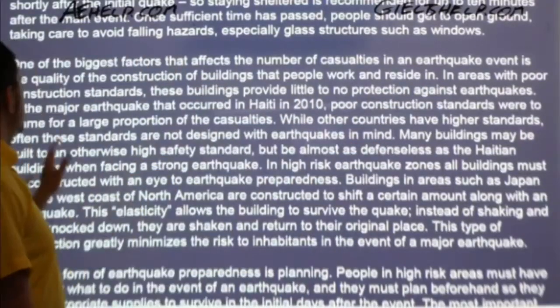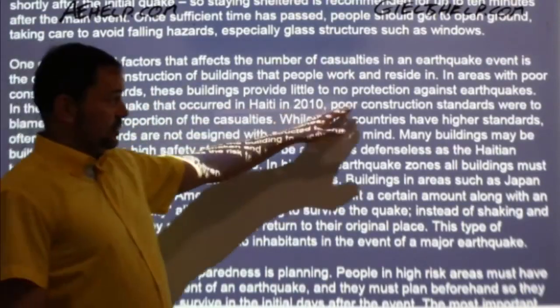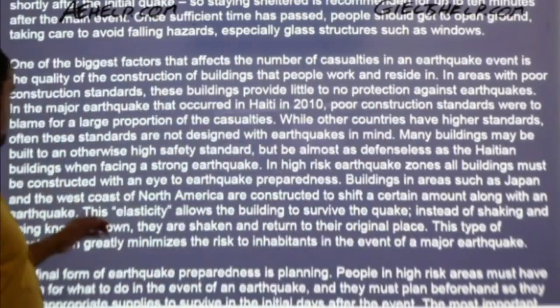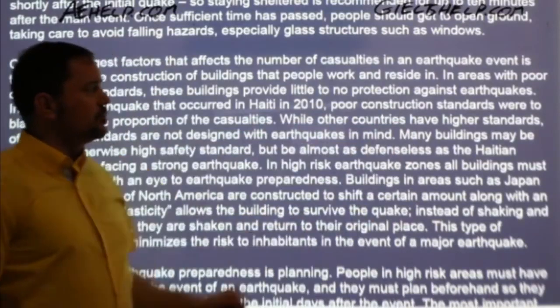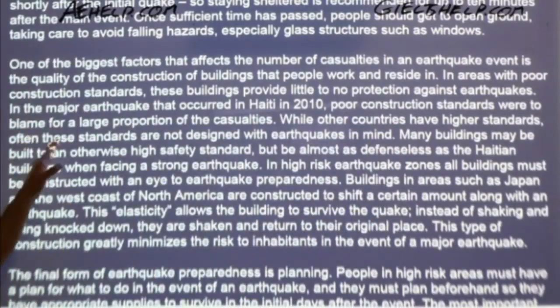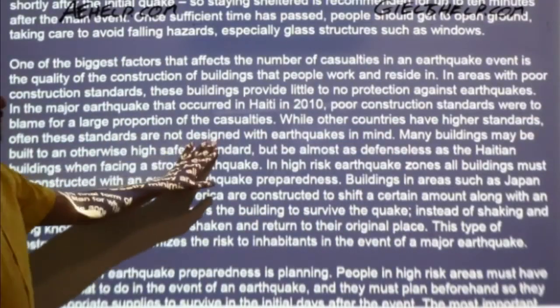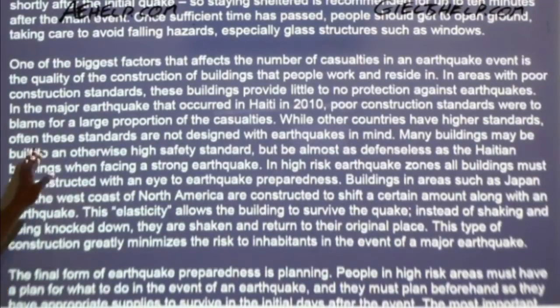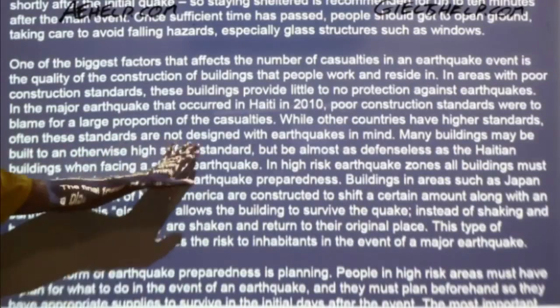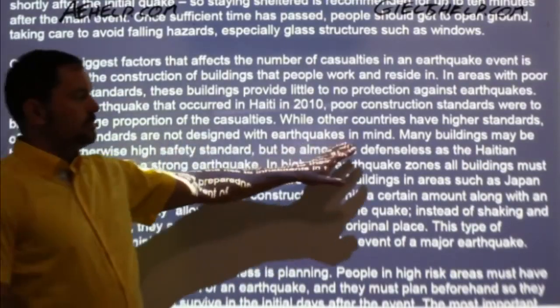In areas with poor construction standards, these buildings provide little to no protection against earthquakes. In the major earthquake that occurred in Haiti in 2010, poor construction standards were to blame for a large proportion of the casualties. While other countries have high standards, often these standards are not designed with earthquakes in mind.